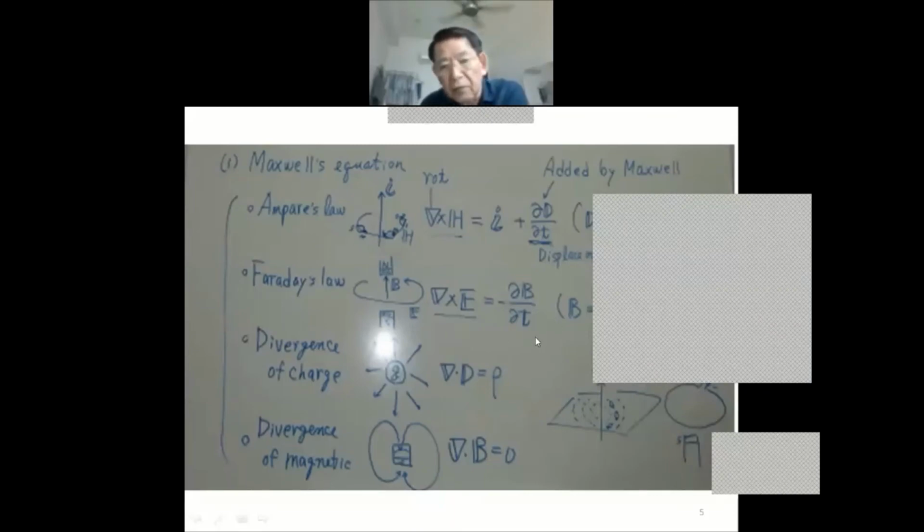Okay? So the H field is given, we can calculate from the H field. This is j omega epsilon E.